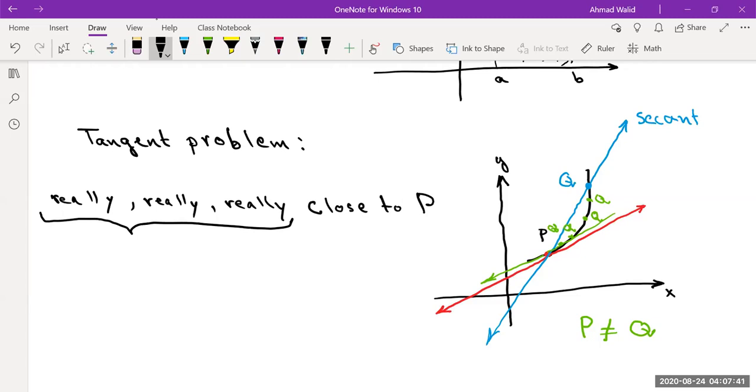The idea that I'm using here, point Q approaching point P, this really, really close in mathematics, we call it a limit. This is the idea of the limit. You are moving a point really close, or your point is approaching another point, and we call this idea in algebra or in calculus limits.